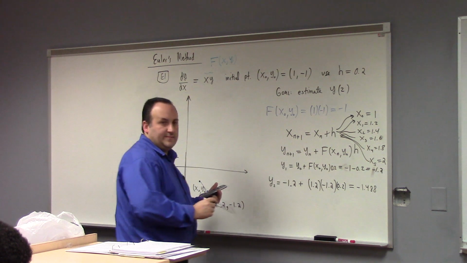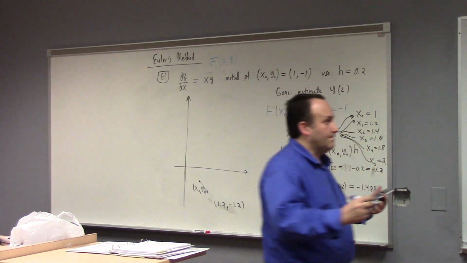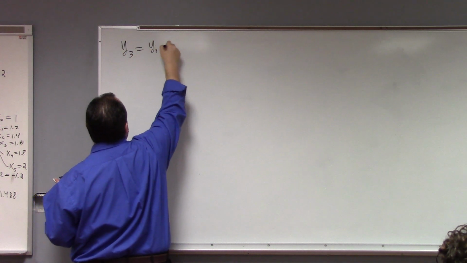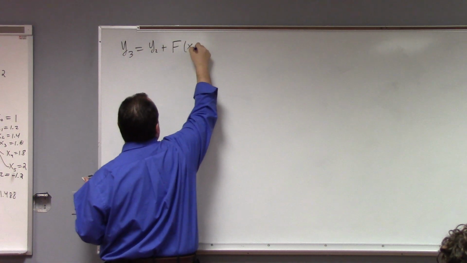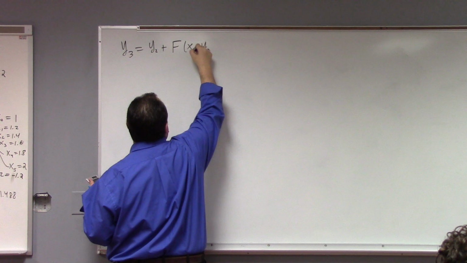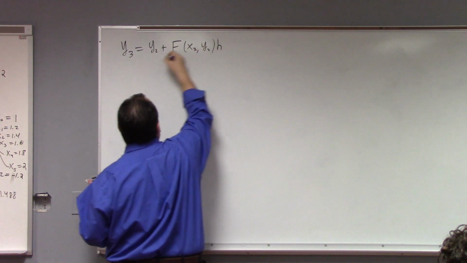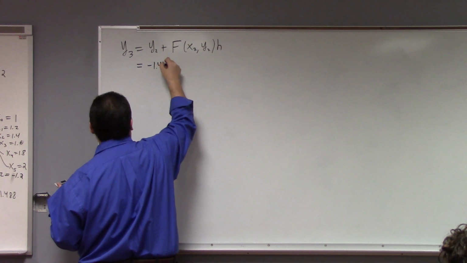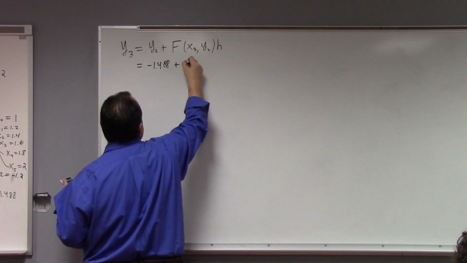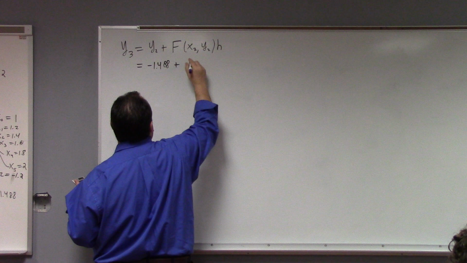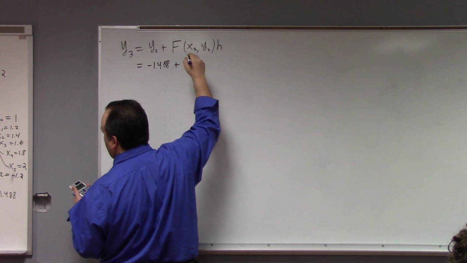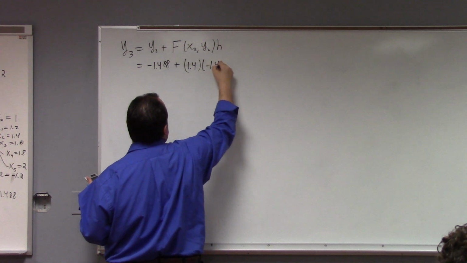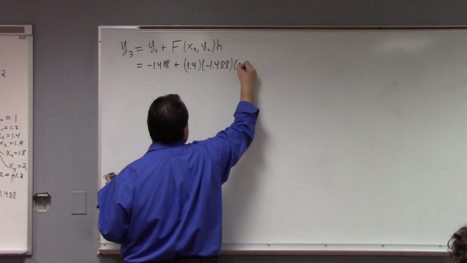How do you find y3? y3 is y2 plus f of x2, y2 times h. In our current context, that is minus 1.488 plus, what's x2? 1.4. So 1.4 times minus 1.488 times 0.2.